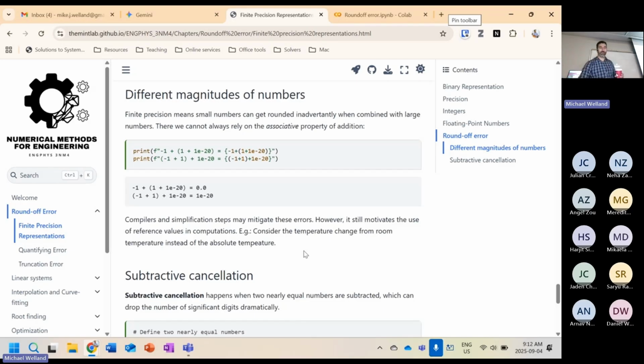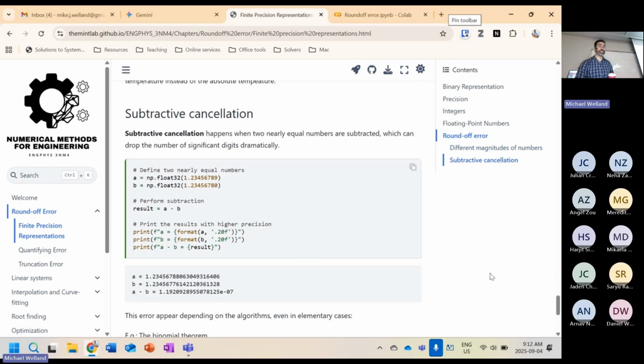Generally speaking, you won't see that one, but this one you definitely will see, although hopefully it's going to be hidden from you. Subtractive cancellation happens when two nearly equal numbers are subtracted, which drops the number of significant digits dramatically. So 273.16 has 5 significant digits. 273.15 has 5 significant digits.